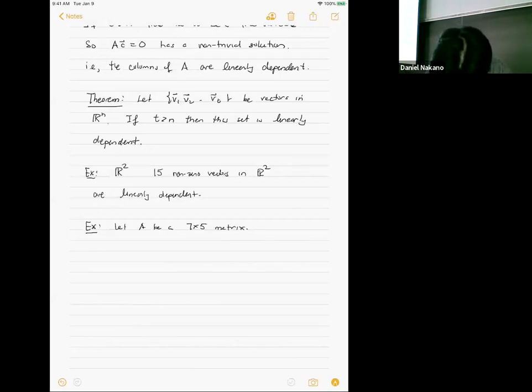How many pivots must there be for the columns of A to be linearly independent?